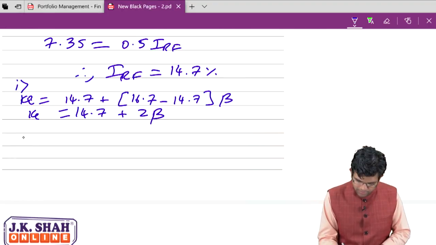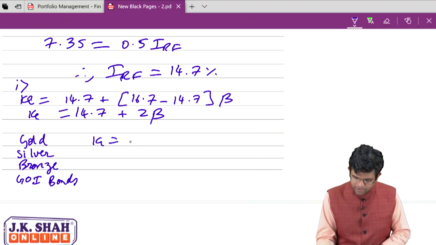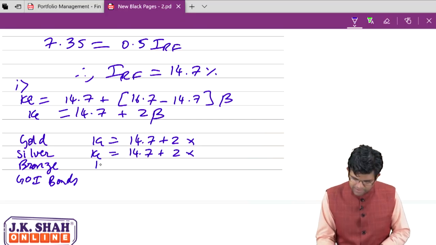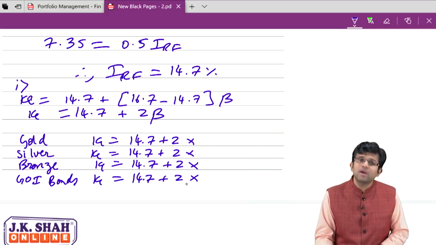KE for gold will be 14.7 plus 2 into its beta. KE for silver will be 14.7 plus 2 into its beta. KE for bronze will be 14.7 plus 2 into its beta, and KE for Government of India bonds will be 14.7 plus 2 into its beta.